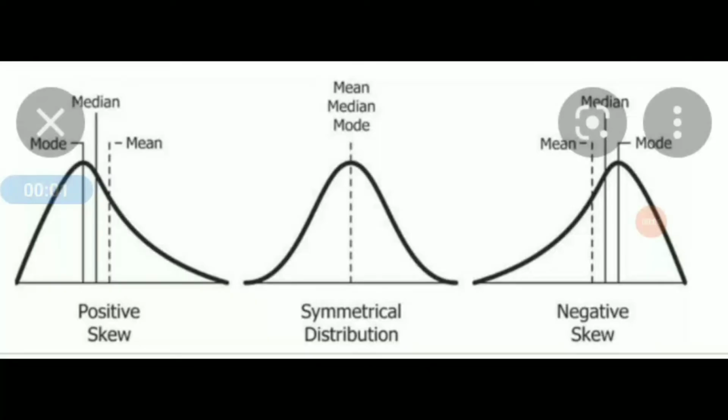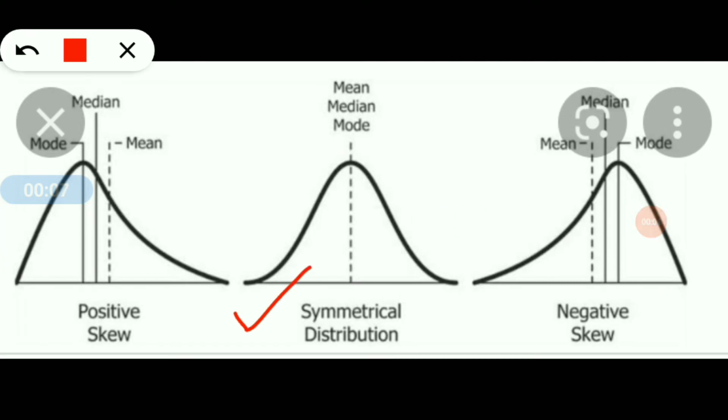So learner, we all know that in statistics there are two distributions. The first one is the symmetrical distribution and the second one is the non-symmetrical distribution or skewed distribution. Okay. So at first we have to discuss what you mean by a symmetrical distribution.